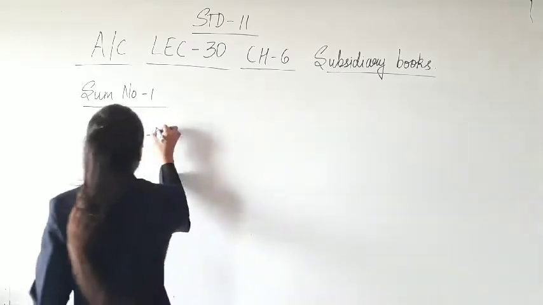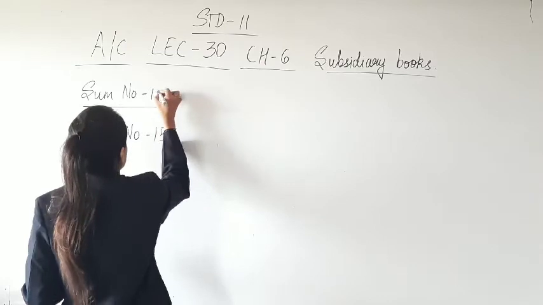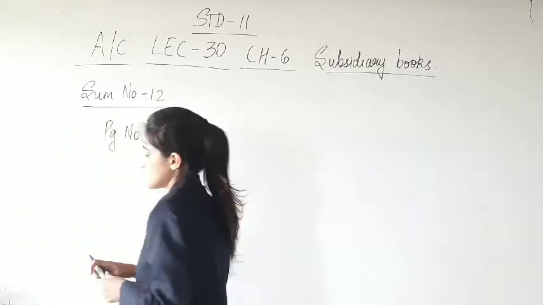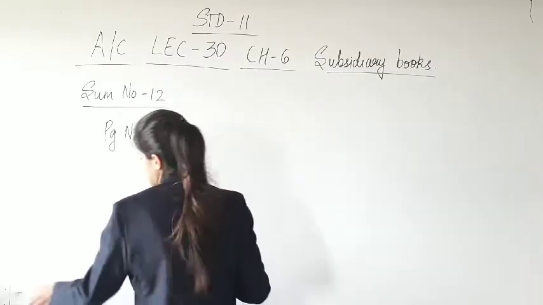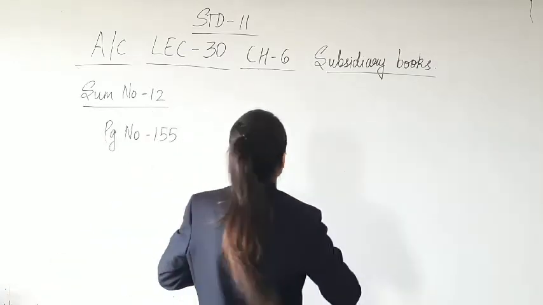So on page number 155, sum number 12, we are supposed to prepare all the 4 books. So obviously I will just mention in which book which transaction will appear.